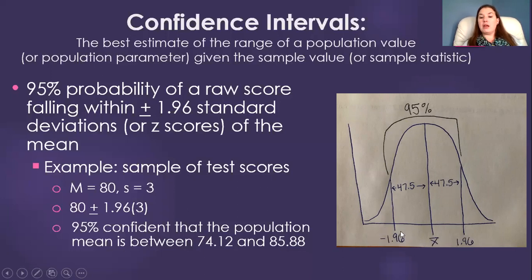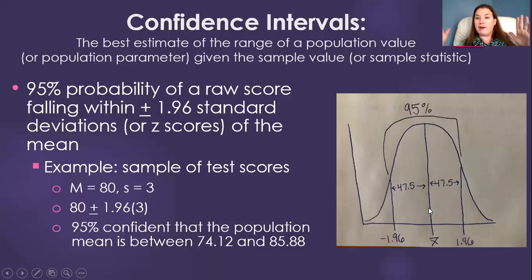And where this negative 1.96 and positive 1.96 comes from is, if the goal is to be able to say 95% of all values fall between blank and blank, we know a z-score of 1.96 is associated with 47.5% of all values between that z-score and the mean.